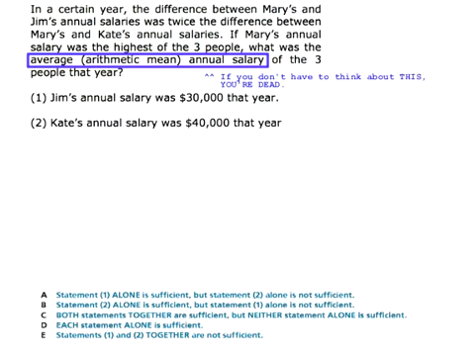If you write that first thing as an equation, then the difference between Mary and Jim, so Mary is the highest, is M minus J, and that's 2 times Mary minus K. So if you pick C, then you can just plug in J is 30, and K is 40, and then you get M, and you have all 3 numbers.